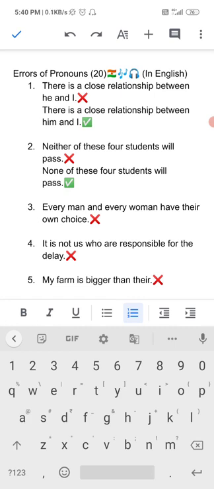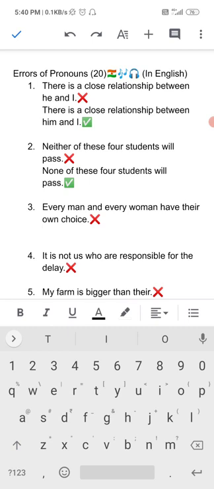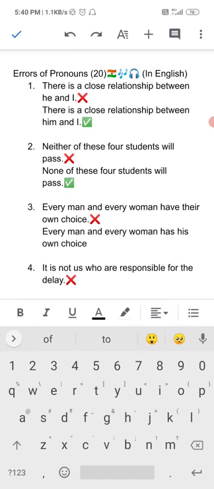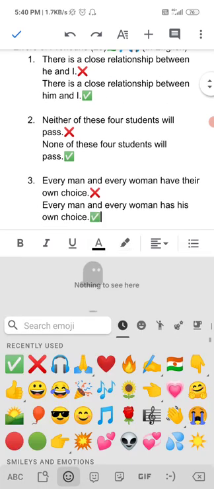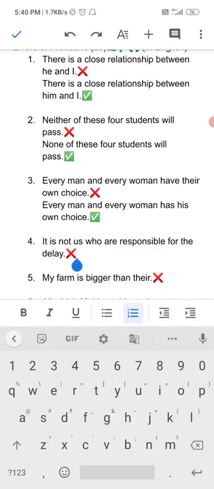So the correct answer should be every man and every woman has his own choice. This is correct. Okay, our next question is, it is not us who are responsible for the delay.